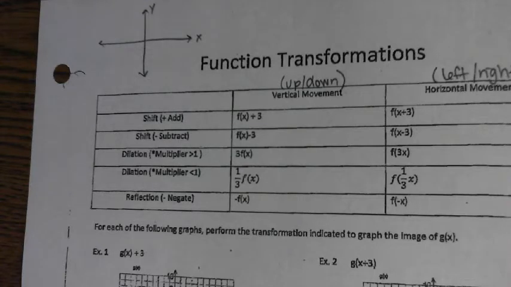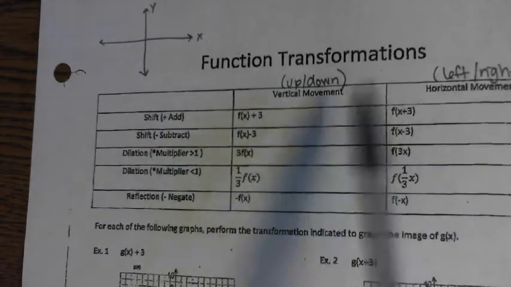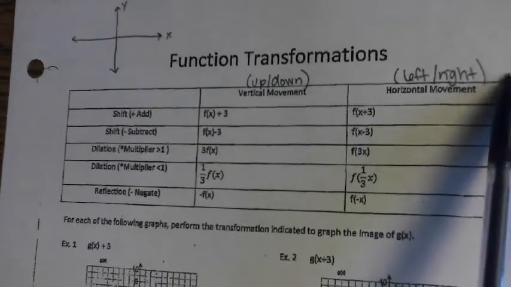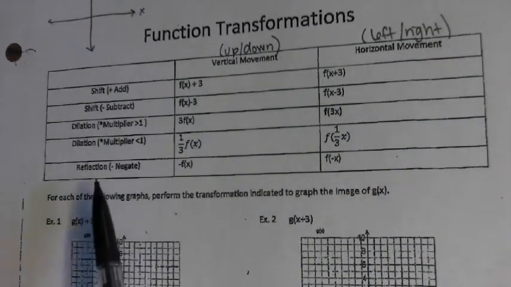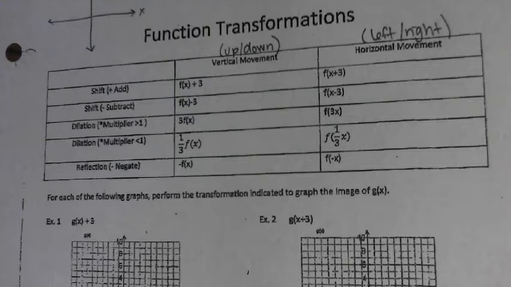If you multiply it by 3, for example, believe it or not, that could actually be a stretch of 3 if you multiply by 3, or it could be a compression by 3 if you multiply by 3. Those are kind of the differences between vertical and horizontal that we'll get into. And then a reflection is always if something just gets negated. If you throw a negative sign in front of something, it reflects it.